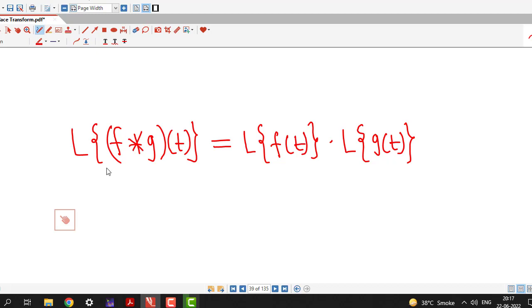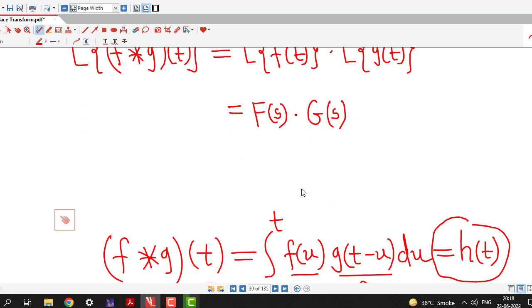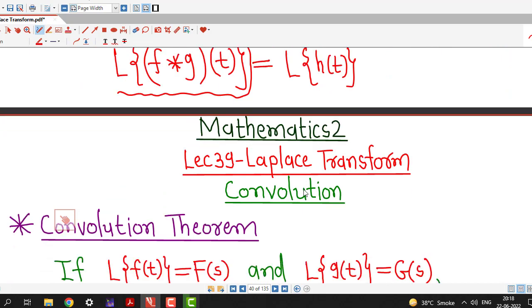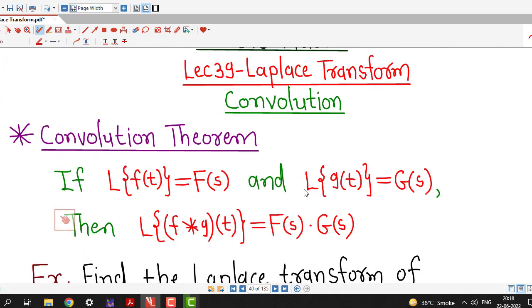So Laplace transform of convolution f star g equal to Laplace transform of f into Laplace transform of g, and we can denote Laplace transform of small f by capital F of s, Laplace transform of small g by capital G of s. So this is very helpful result. It is known as convolution theorem.